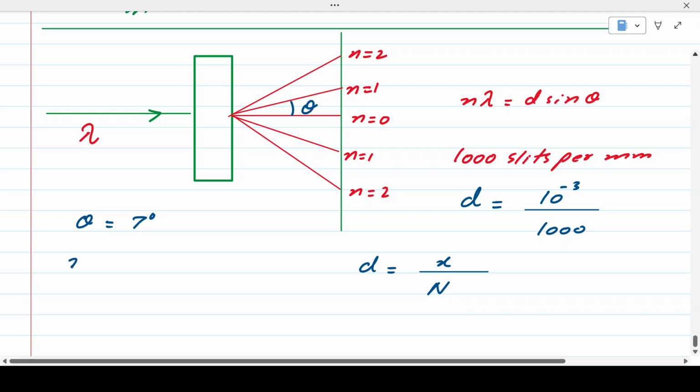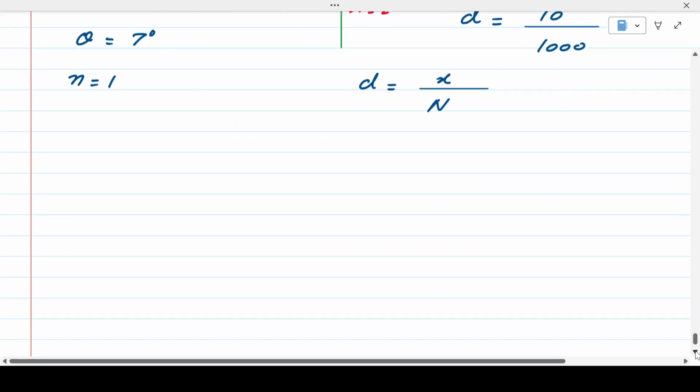So n equals 1 because this is the angle for the first order maxima. It should be mentioned in the question which order maxima this angle is for. If first, then n equals 1. If second, n equals 2. If third, n equals 3. So this is a very important formula, it can be used to find a lot of things. And once again, n lambda equals d sine theta.